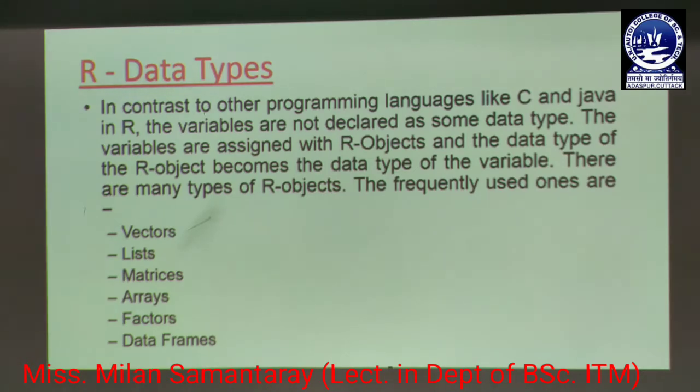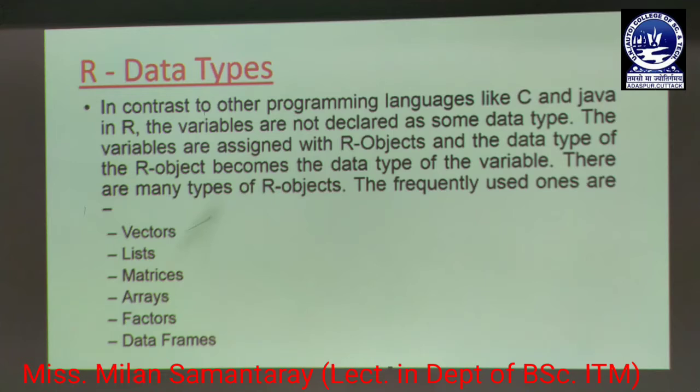But in R programming, the variables are assigned with R objects, and the data type of the R object becomes the data type of the variable.